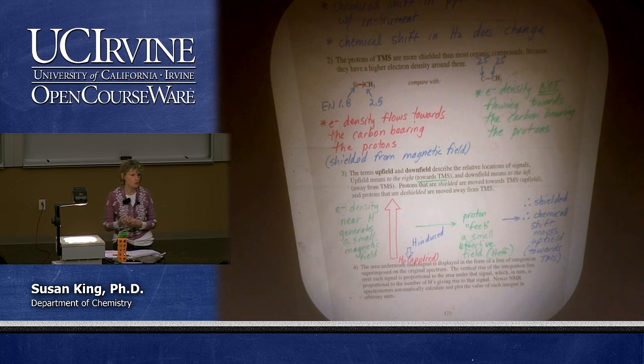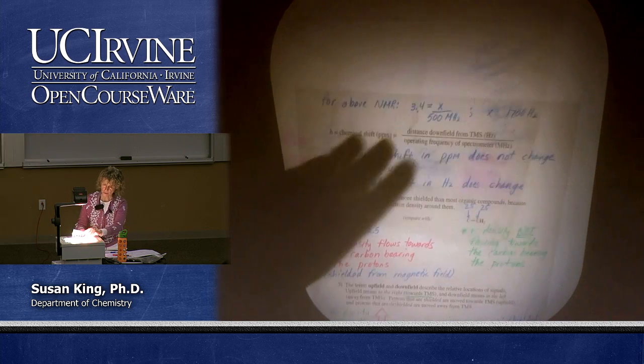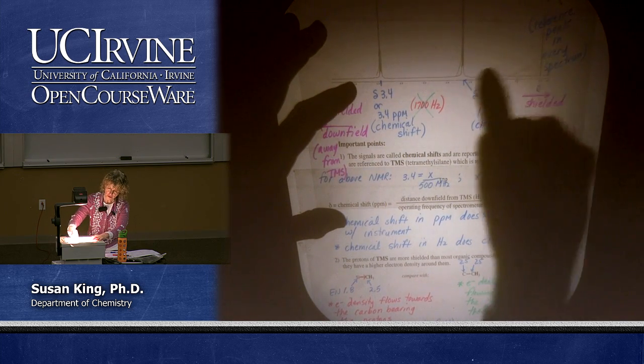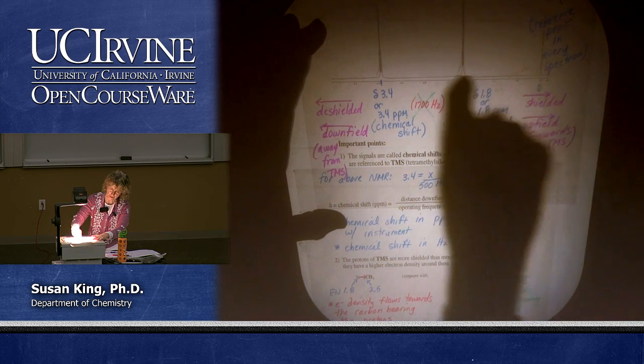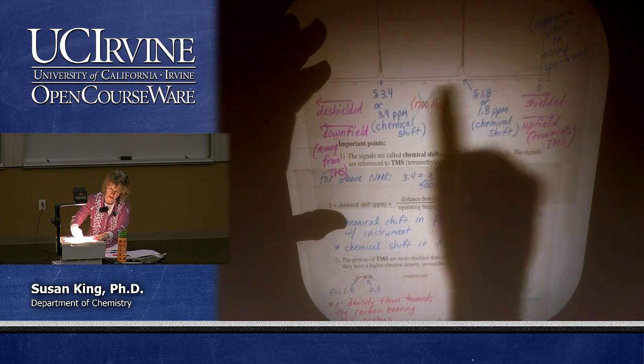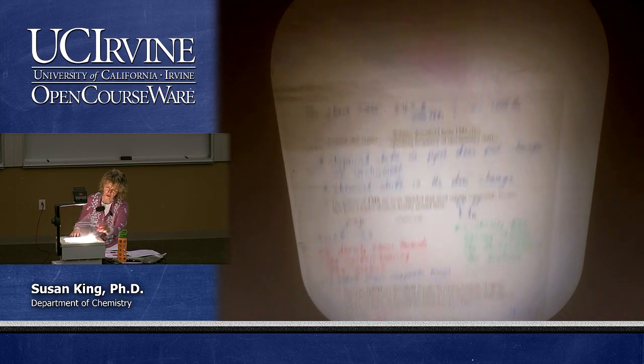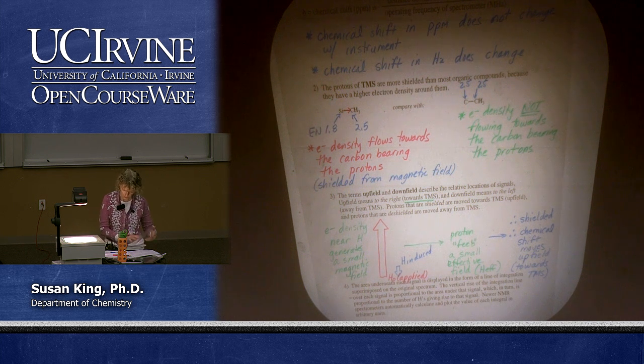The more shielded, the more towards TMS. The closer it gets to TMS, it will have a smaller chemical shift. Okay, so if TMS is at 0, the closer we get to TMS, this number is getting smaller. I realize that scale is not very visible, you can't see that very well, but it's there. So shielded, we're going to get lower chemical shift as these things become shielded.